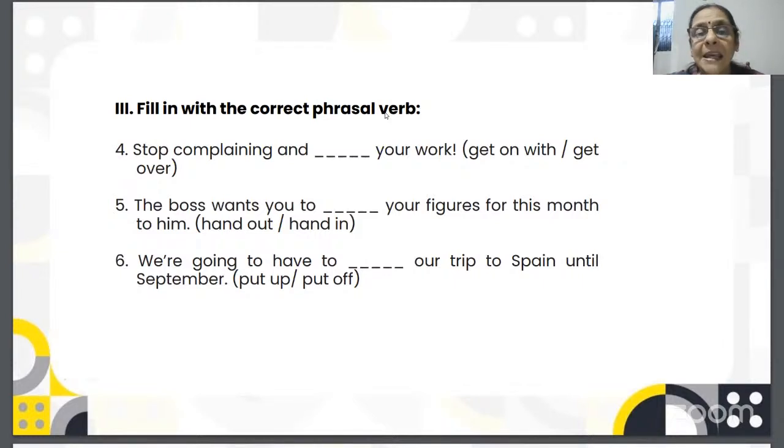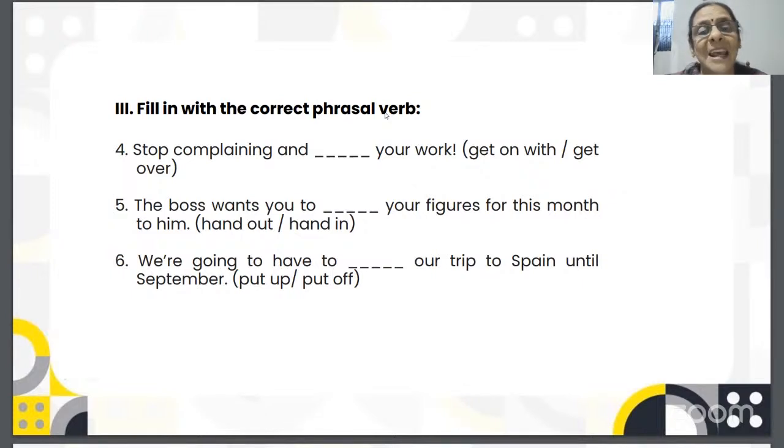Stop complaining and get on with your work. Stop complaining means you have to continue your work. Get on with your work means continue your work.